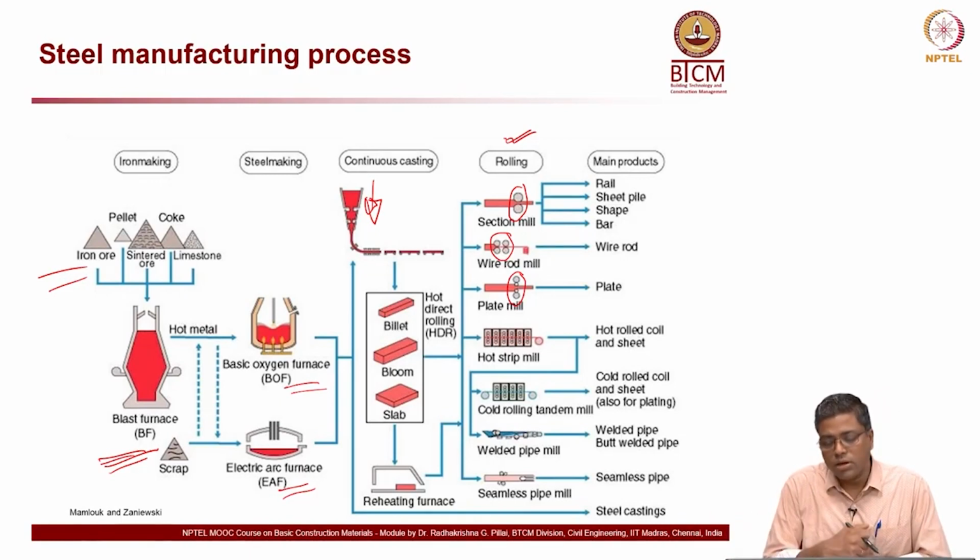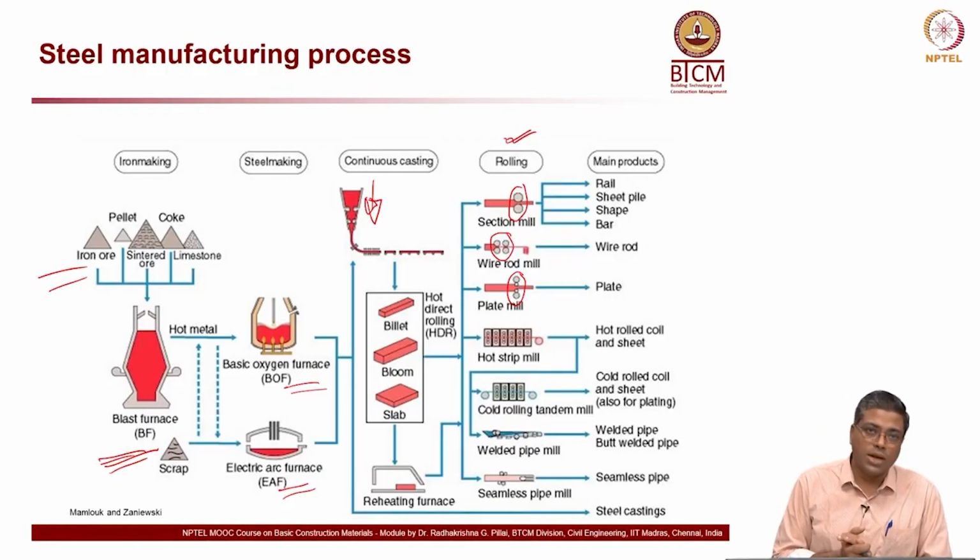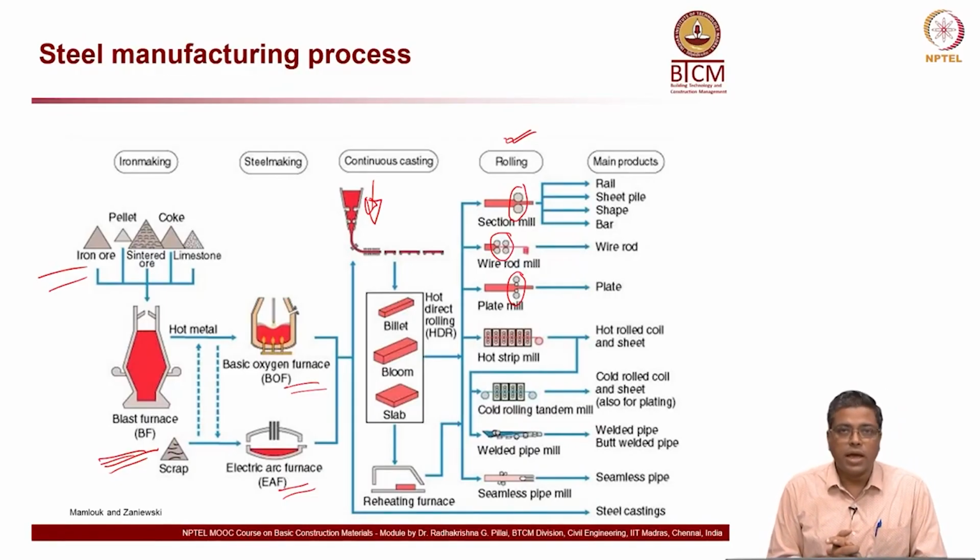So, it is different depending on what you are making, but for this simple understanding for this class, we can say that they are passed through some dies, metal dies, which are harder metals, so that the die does not degrade, but rather you get a different shape.